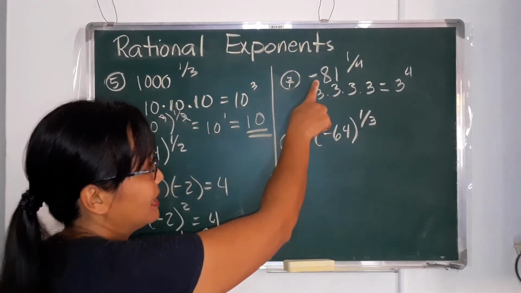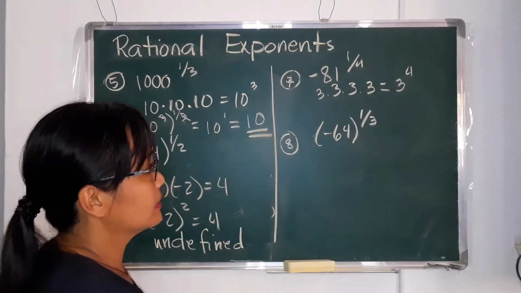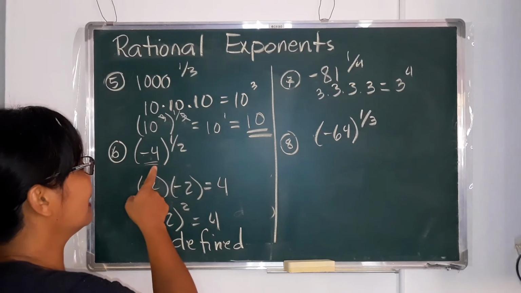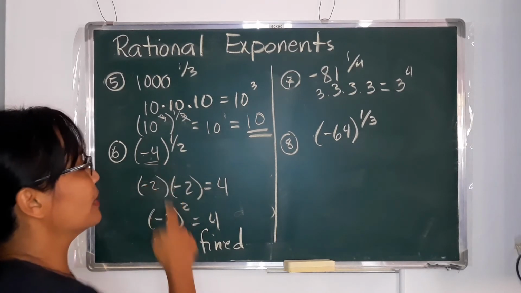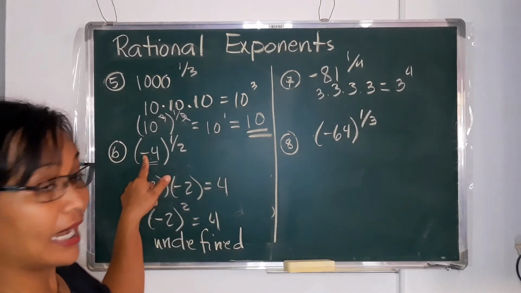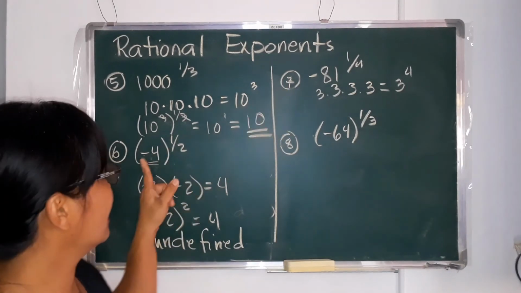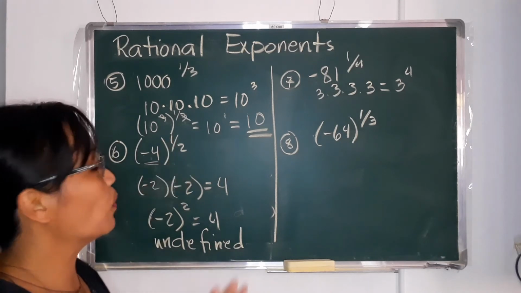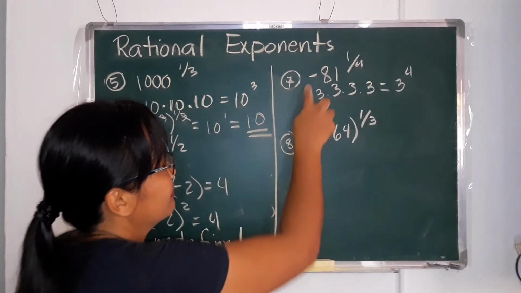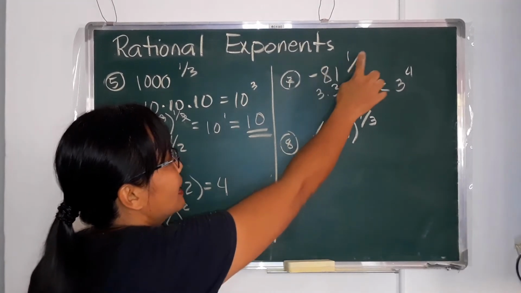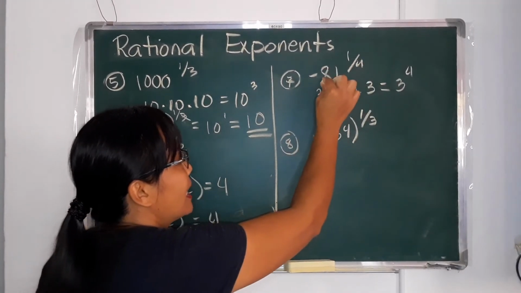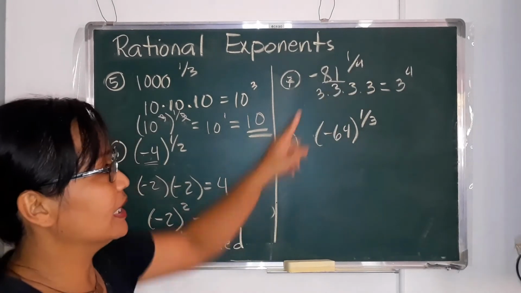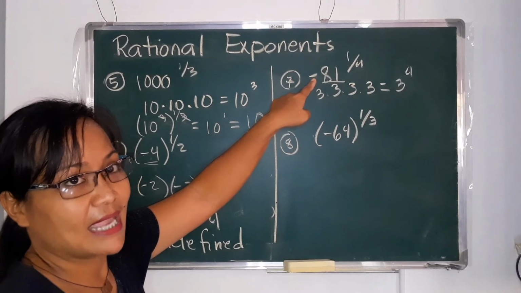Okay, again, this is negative 81. There is no close and open parentheses, but in number 6 there is a close and open parentheses which enclose the negative sign. So in there, the negative sign is included in the exponent 1/2. But in here, the negative sign is not included in the exponent 1/4. The base 81 only includes the exponent 1/4, not the negative sign.